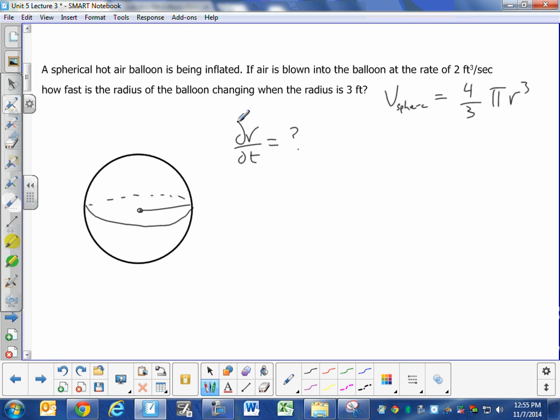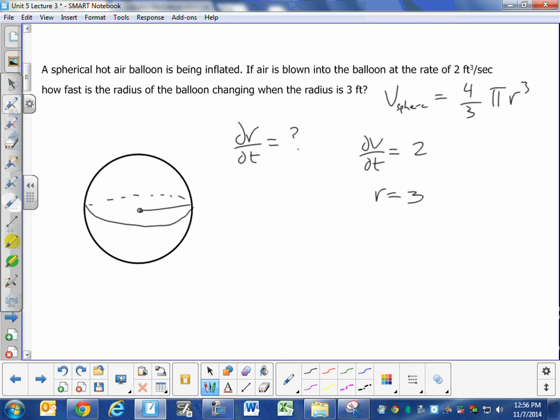So yes, we know 2, but what is that equal to? Good. Now, not just volume, but the change in your volume. So I'm trying to find dr/dt when the change of my volume is 2 cubic feet per second. And I also know that I'm trying to find this when r is equal to 3.